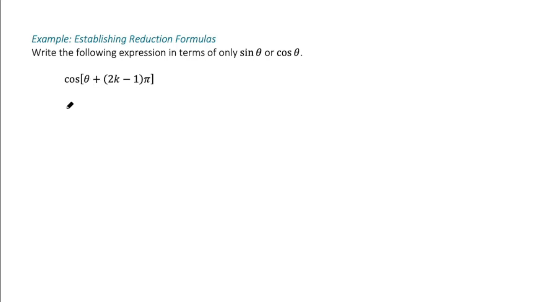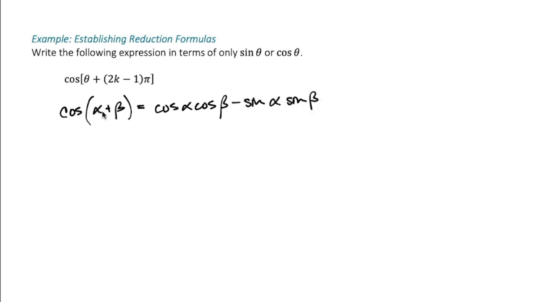So we can use our sum identity. So cosine of alpha plus beta is equal to cosine of alpha times the cosine of beta minus the sine of alpha times the sine of beta. And then plug in alpha equals theta, and beta is this 2k minus 1 times pi.